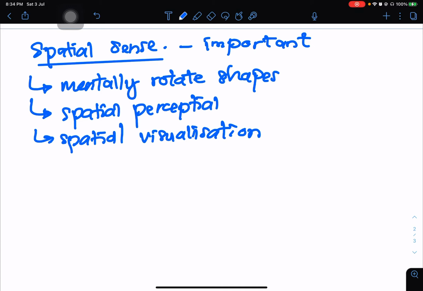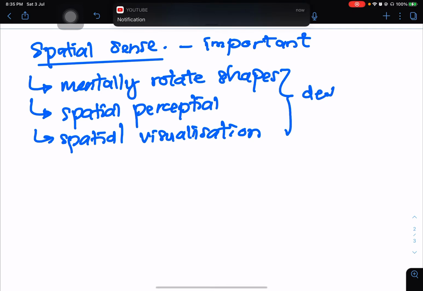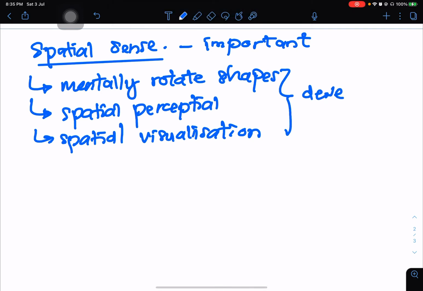And you have watched the video where a school somewhere in the Middle East took one whole day to develop spatial sense. So that means spatial sense can be developed. It's just that you need to do a lot of exercises.